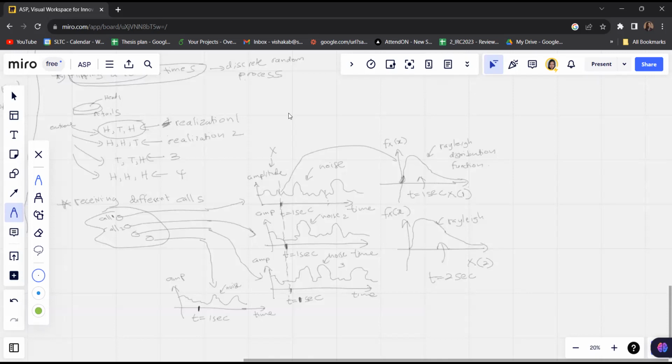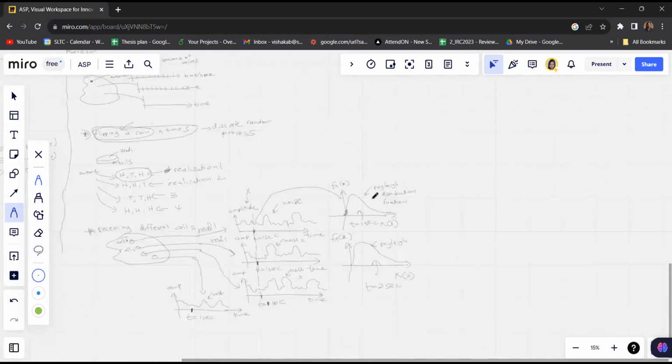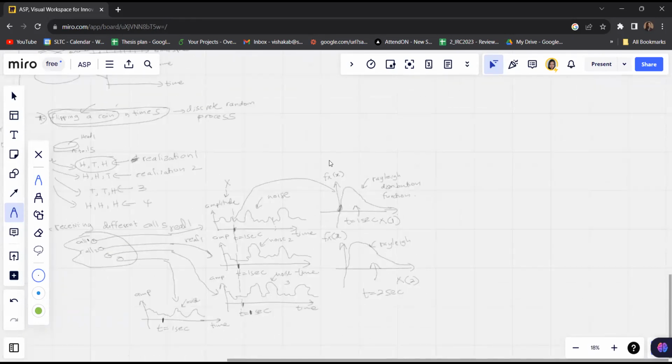I think I explained to you about realizations in the coin flipping case. Here also we have realization 1, realization 2, likewise up to realization n. We can have a number of realizations from the same random process, and all these realizations will constitute something called an ensemble. Before going into that, I will explain another parameter that we need to consider.